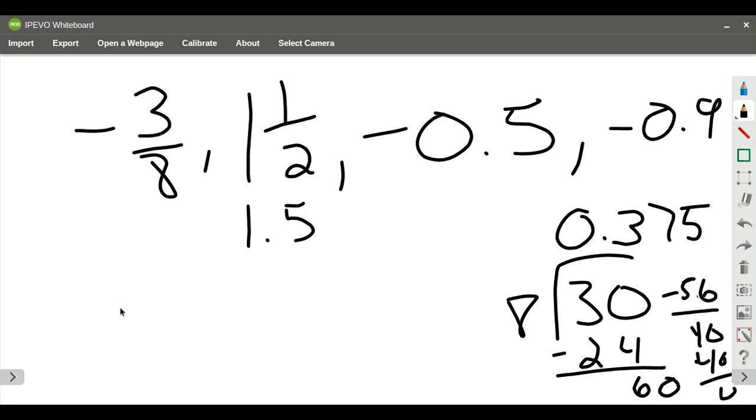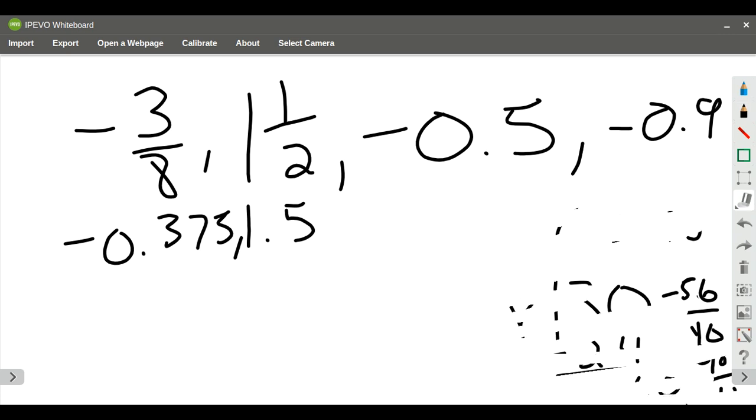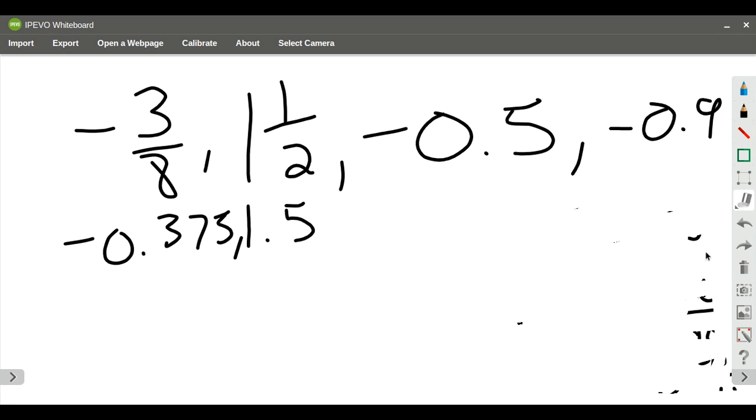Now, all of my forms are in decimal form. It's really easy to go ahead and put them in order. So my largest number is going to be 1.5. So 1.5 is my largest number, so that's going to be my last number. I have to look at my negative numbers and compare and see which one is going to be my smallest value.